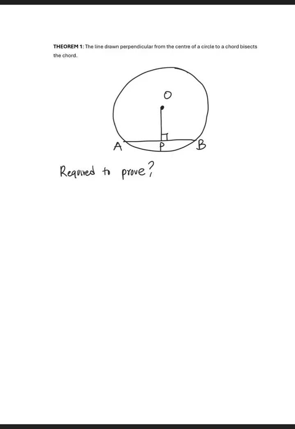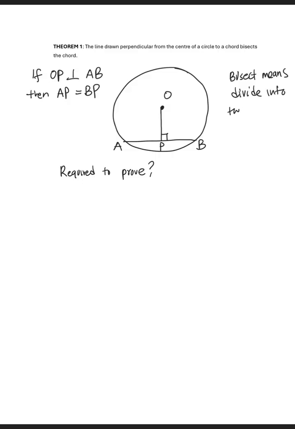It means that if OP is perpendicular to AB, then AP is equal to BP. So that's what it means. Bisect means divide into two equal parts.